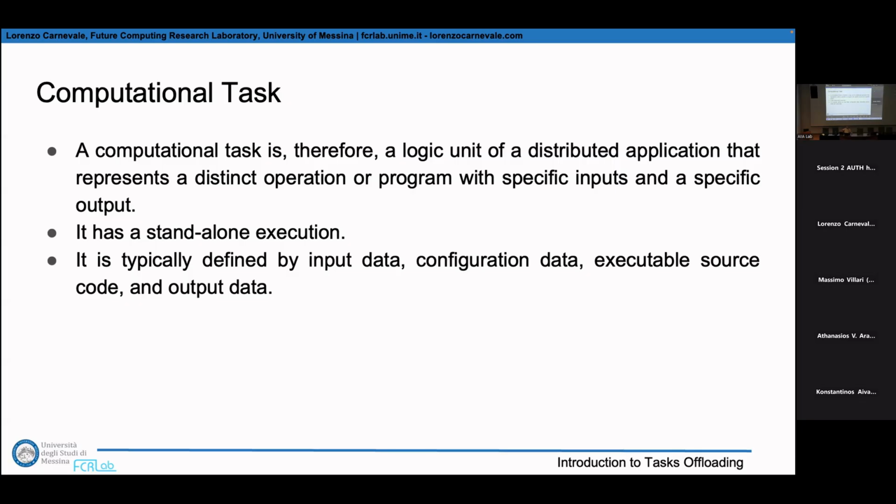But the other important part is the configuration data, because if we think about a DevOps approach, we can separate the executable source code from the configuration data for personalizing this source code. What could be configuration data?